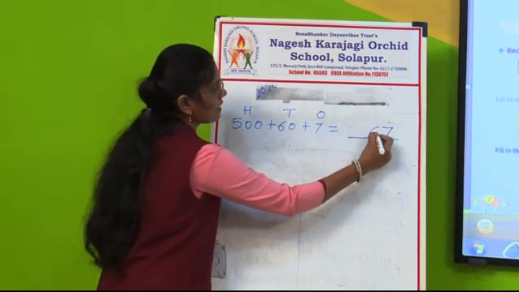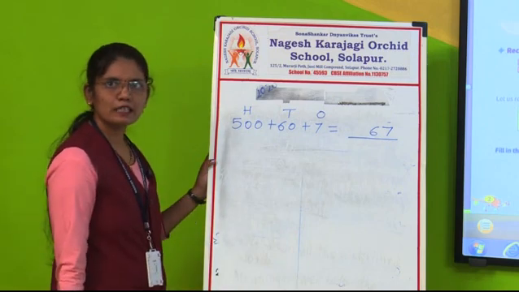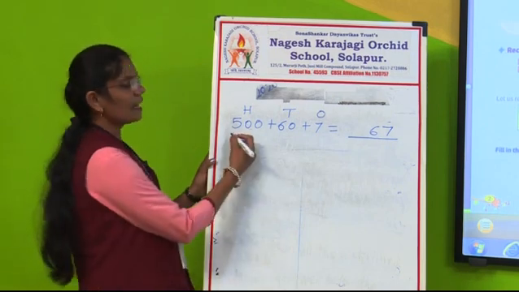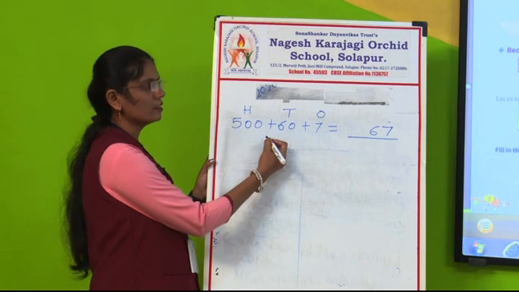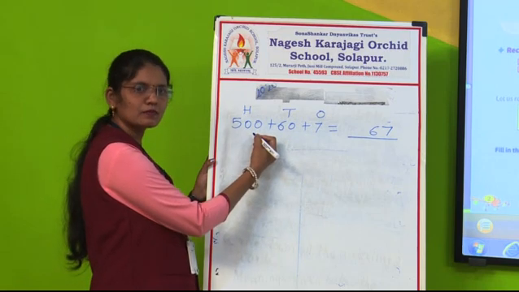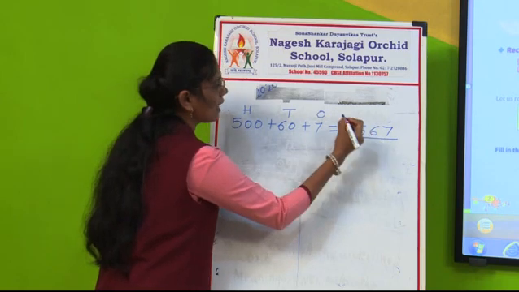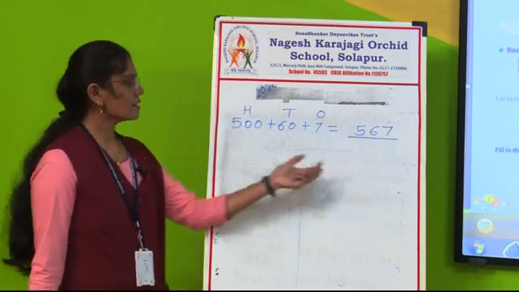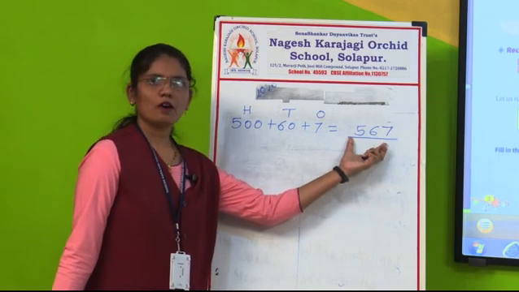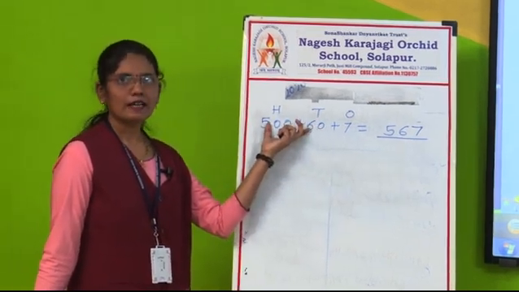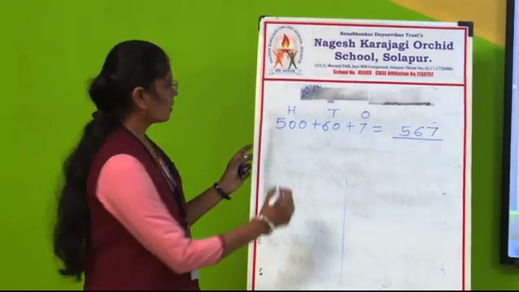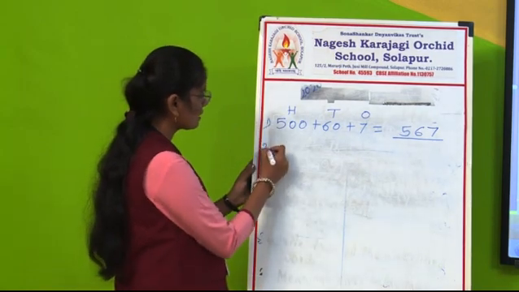So 6 tens means 60. So we will write at tens place 6. And see at hundreds place which number is there, or how many hundreds are there? Yes, there are 500. So we will write 5 at the hundreds place. This is called the short form of the given expanded form. Understood? Okay. Now move to the next example.